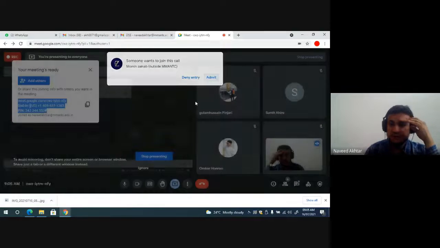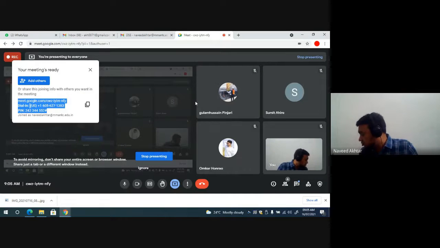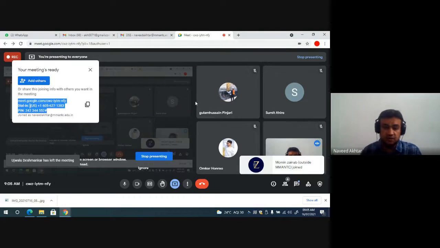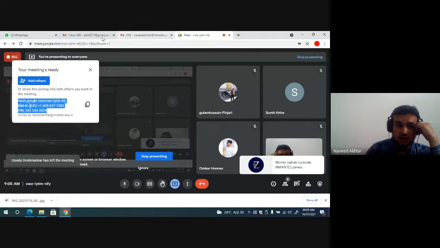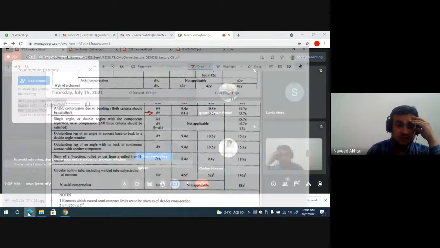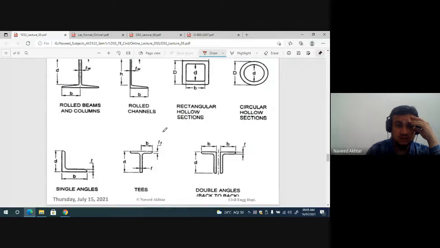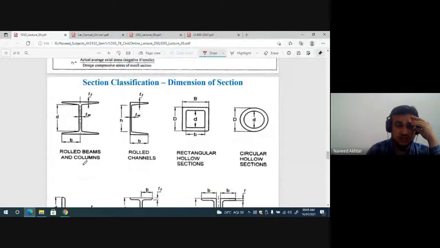Whatever was told yesterday is elaborated again, and now we will go on to solve the example. These figures are very important because of what you take as B and what you take as T: thickness of flange TF, thickness of web TW, etc.